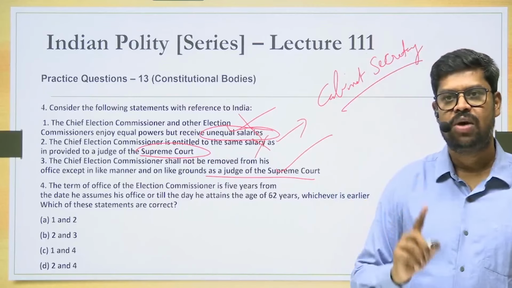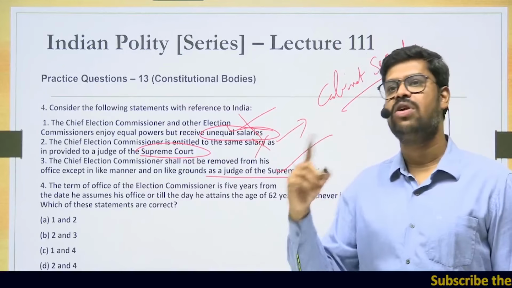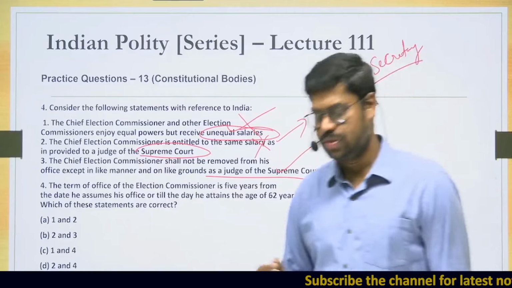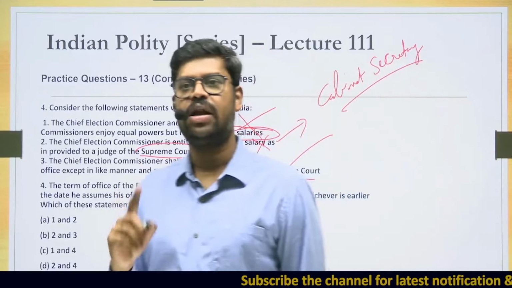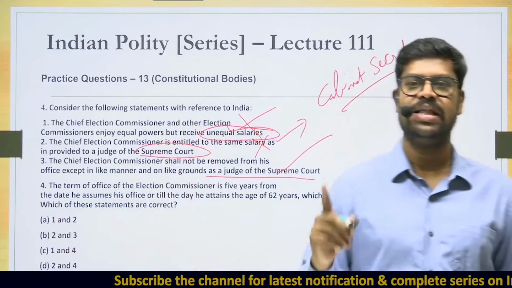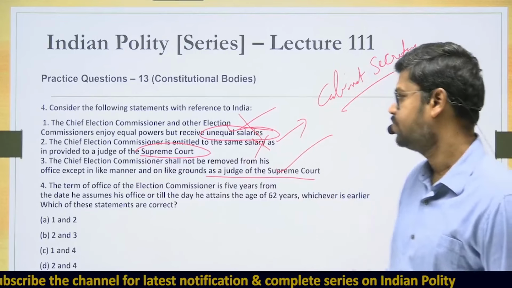And what is the ground on which they can be removed? They can be removed either on the grounds of misbehavior or incapacity, but removed in the same manner as that of a judge of a Supreme Court. How about the other election commissioners? They are removed by the President of India on the recommendation of the Chief Election Commissioner.